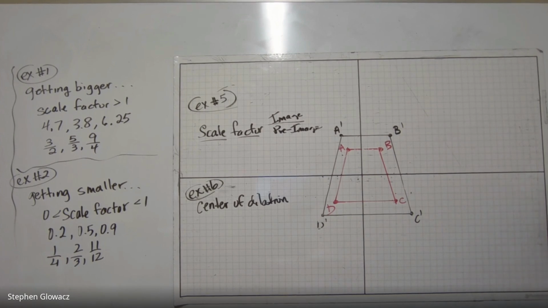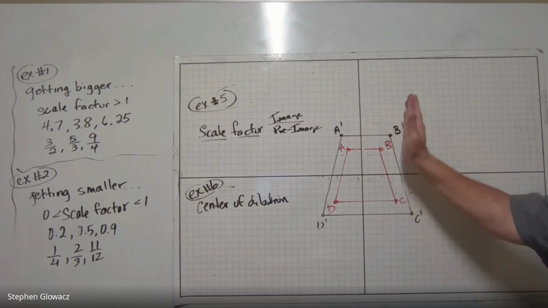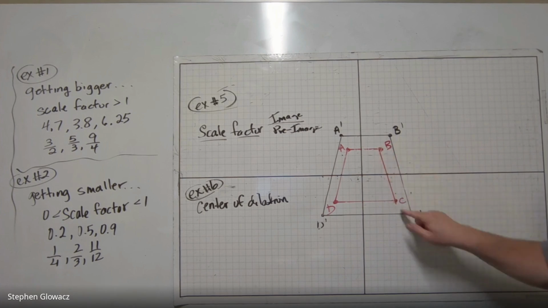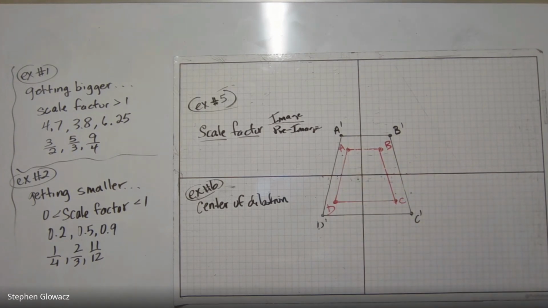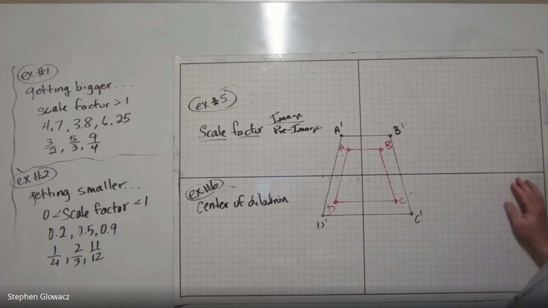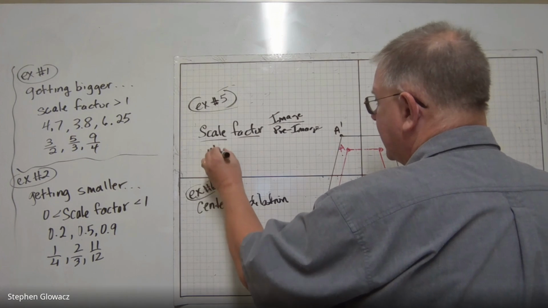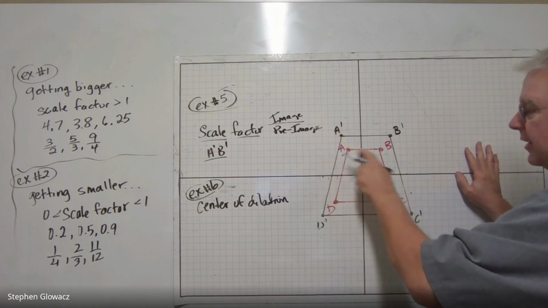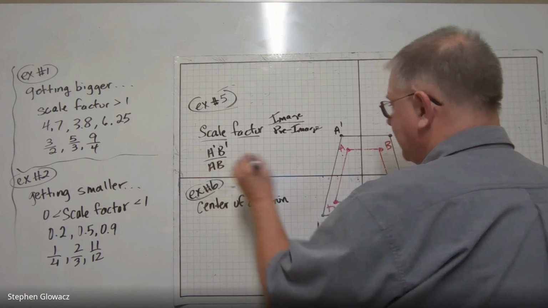And again, we're going to try and stick with either horizontal sides, or vertical, though there are no vertical sides here, but we definitely want to stay away from the slanted sides, like the BCs and the ADs. All right, so let's use AB. We're going to divide the length of AB on our image by the pre-image. Remember, the pre-image is the one you start with, and that's AB.